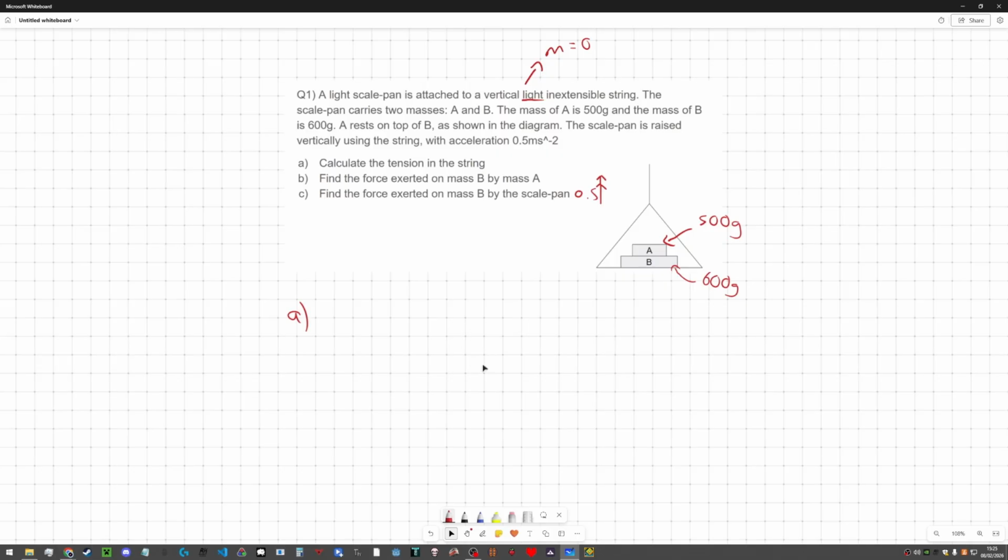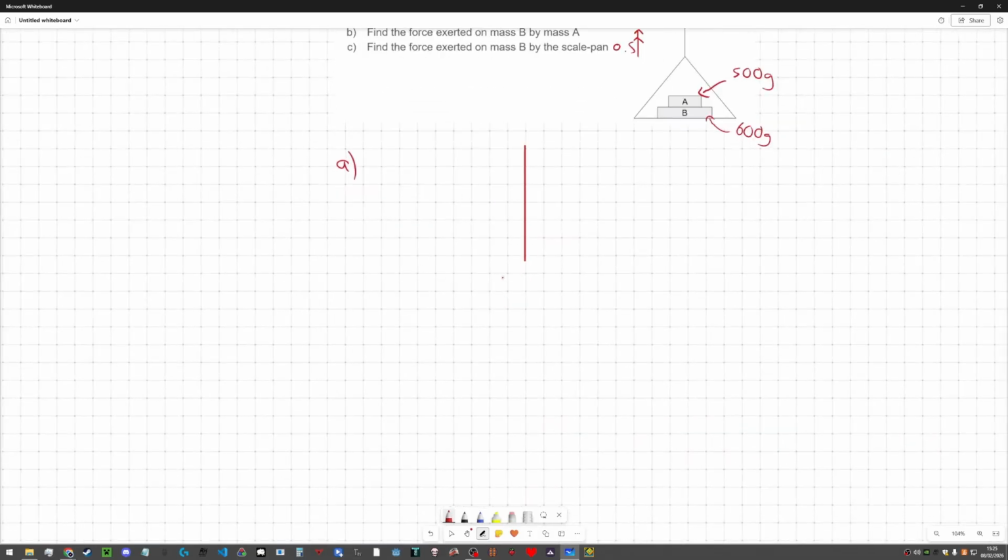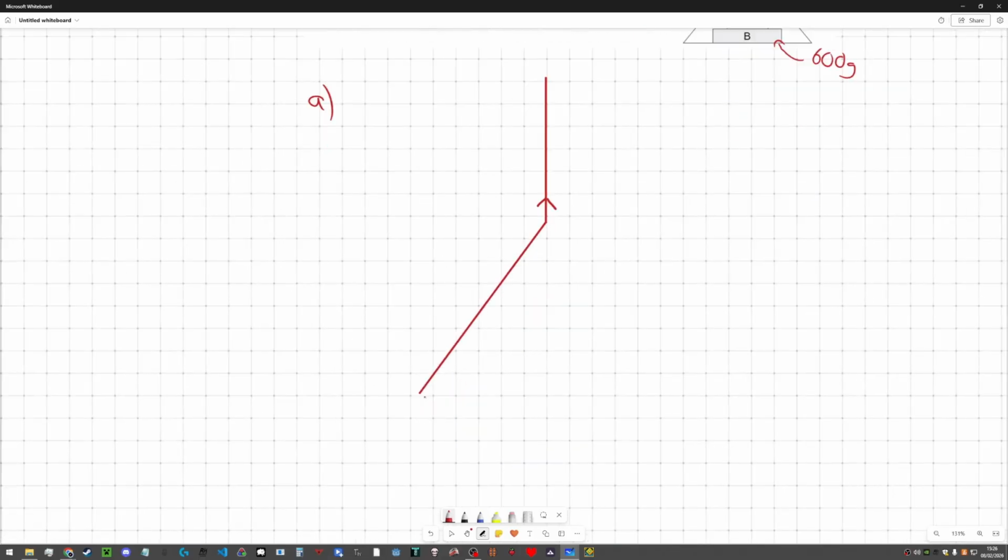Right, it might be more useful to draw our own diagram. We have the string here with some tension upwards. We have a scale pan.